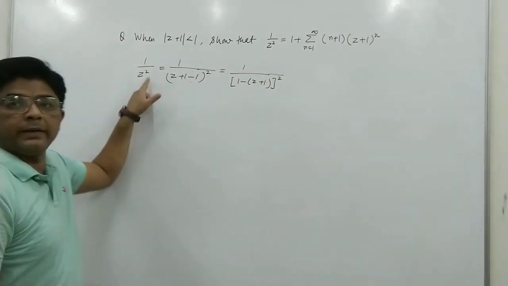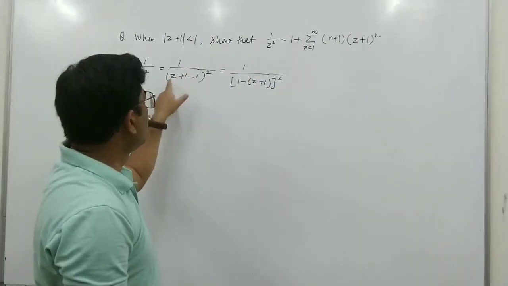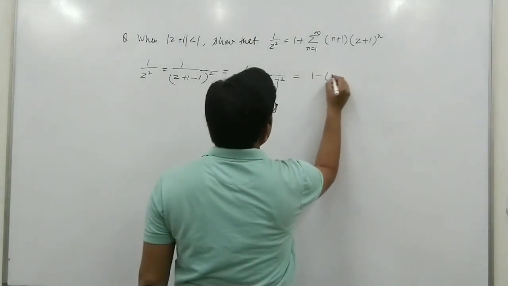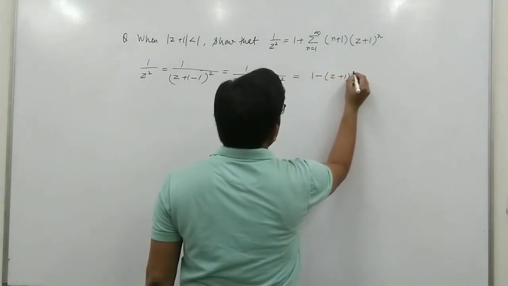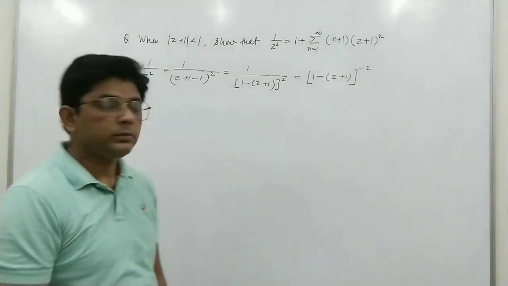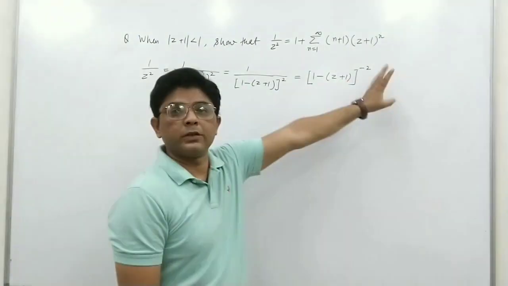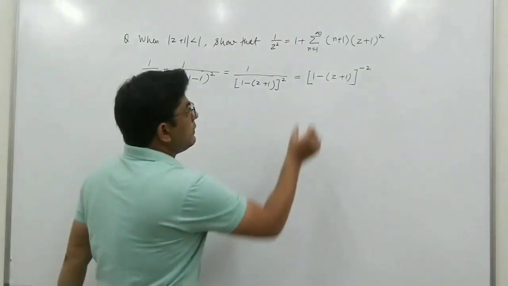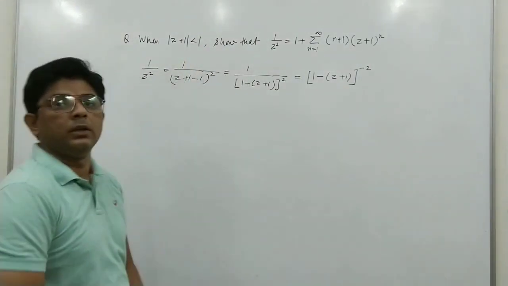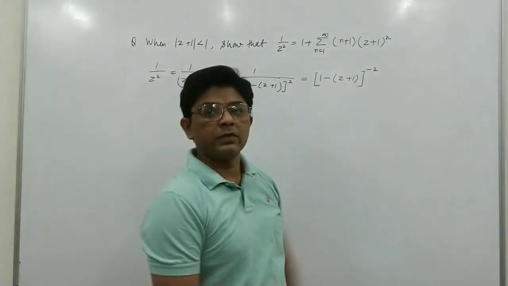If we take the negative sign common, it will be plus, because it is a square, so this will be 1 minus (z plus 1). Okay, and now we write this as (1 minus (z plus 1)) to the power minus 2. We have taken this in the numerator, so we can write like this. So here you can see that we have written this function in the form of z plus 1, because we want to find the expansion in the powers of z plus 1.